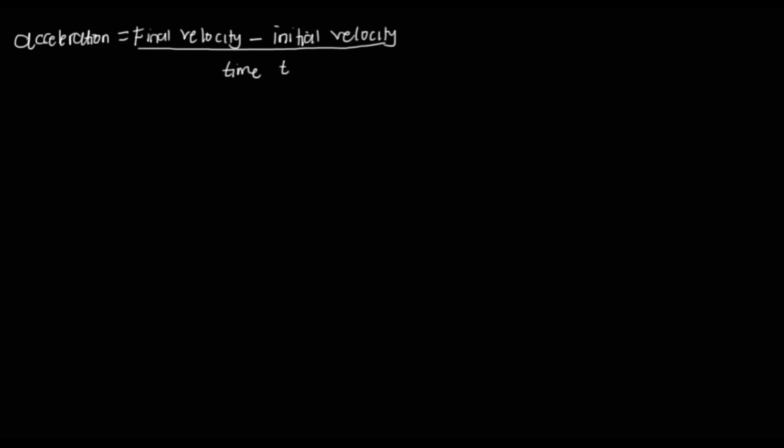So the time taken from the initial up to the final velocity. In symbols we have a equals v minus u over t. So this is the formula for acceleration. Acceleration is just like dividing the velocity by time.